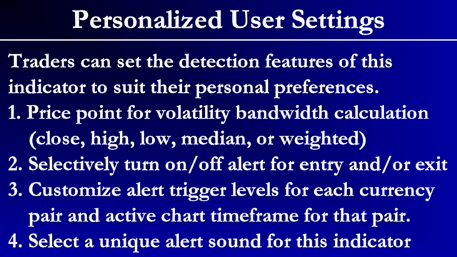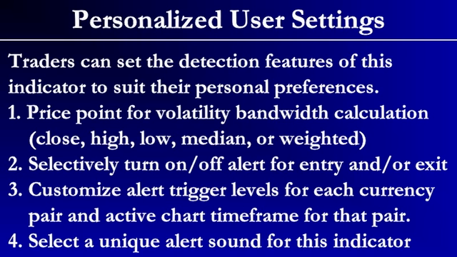So let's talk about the personalization of user settings. First of all, the traders can set the detection features of the indicator to suit their very personal preferences. That includes the price point for volatility bandwidth calculation.